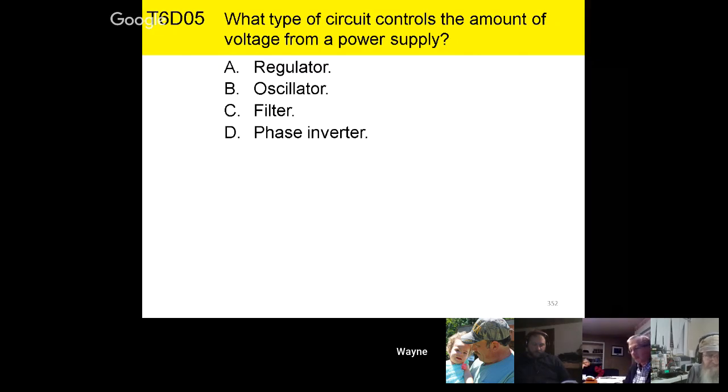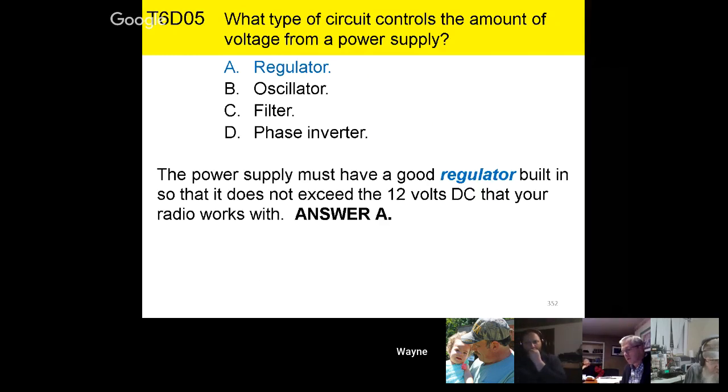Okay, what type of circuit controls the amount of voltage from a power supply? It's very important to make sure that the voltage in your power supply is well regulated. So you want to have a good regulator in your power supply so that you don't exceed the amount of power needed to power up your radio equipment, typically 12 volts DC.